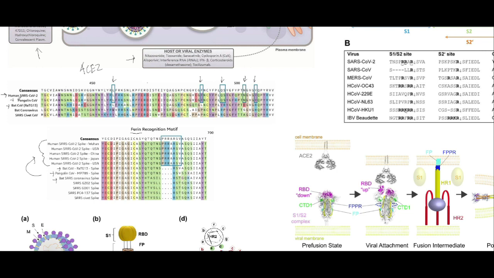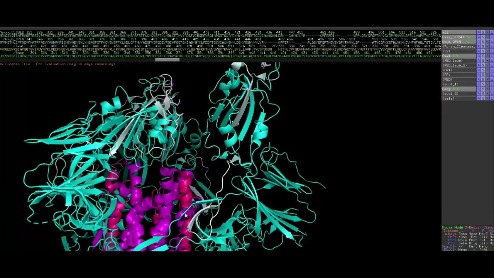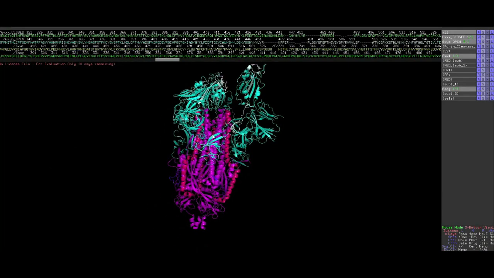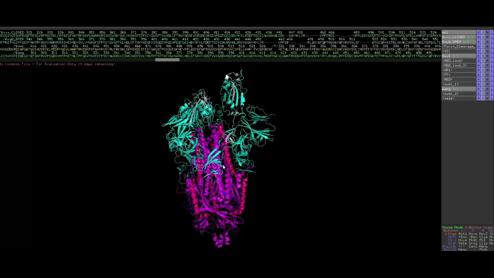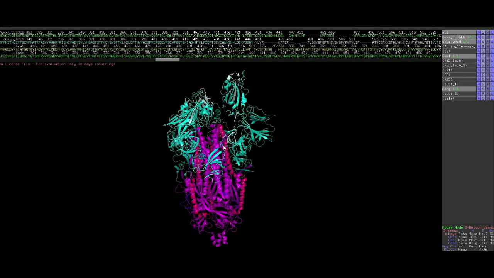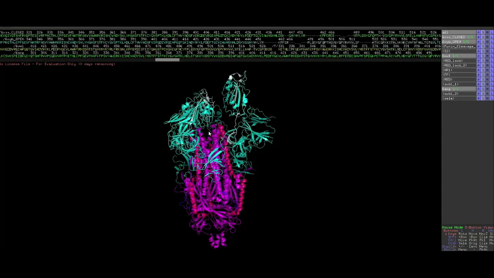Well, I guess not just human, it would also be pangolin and bat, but these are conserved residues that are involved in that binding. And so we can actually see that. I have the crystal structure here of the SARS-CoV-2 spike protein, and I have the PDB codes and the paper references in the description down below if you're interested in looking more deeply into this.